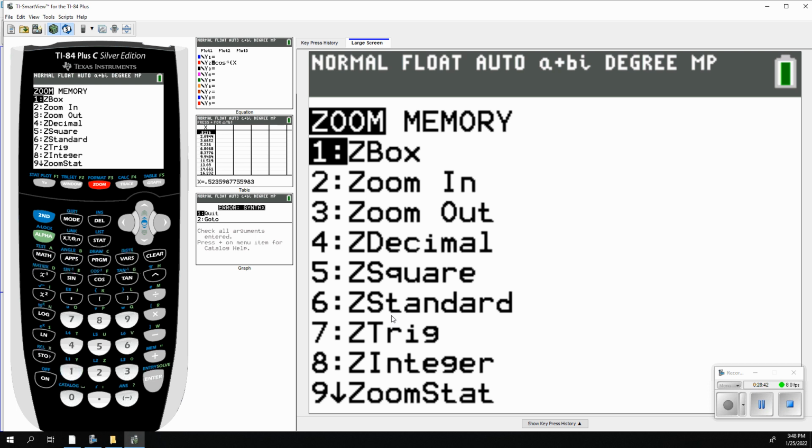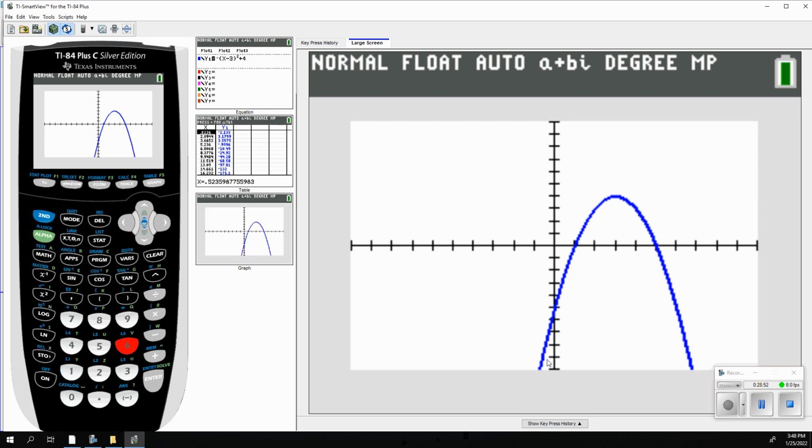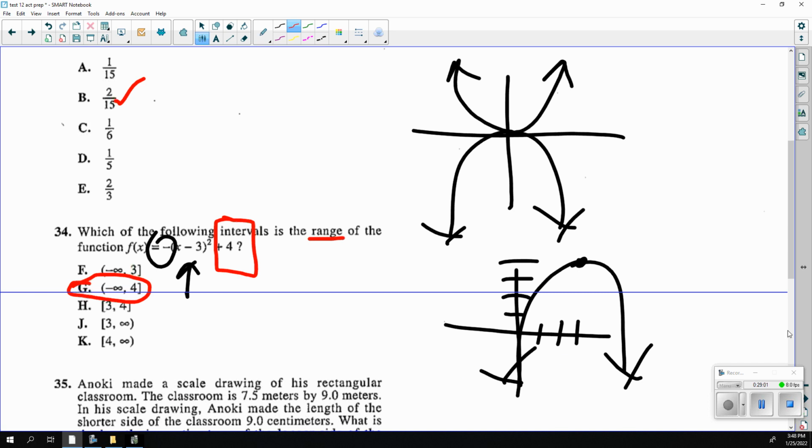Let me get to Zoom Standard. It should give you the graph like that. Range is the up and down. We go from -infinity all the way to here, and I think you can eyeball that and plug it in and say 4.